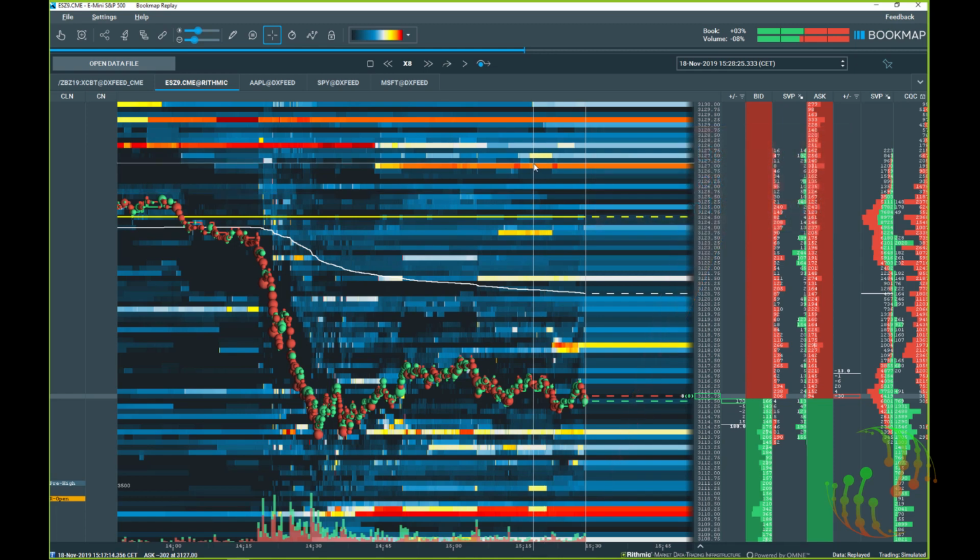And now let's see whether our theory works or not. What is liquidity? How does liquidity act? It's a magnet, and it attracts the price.